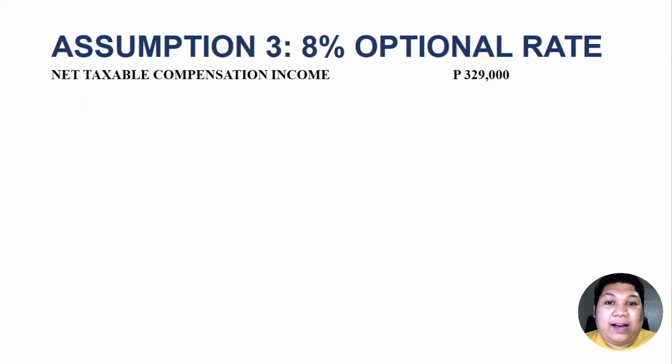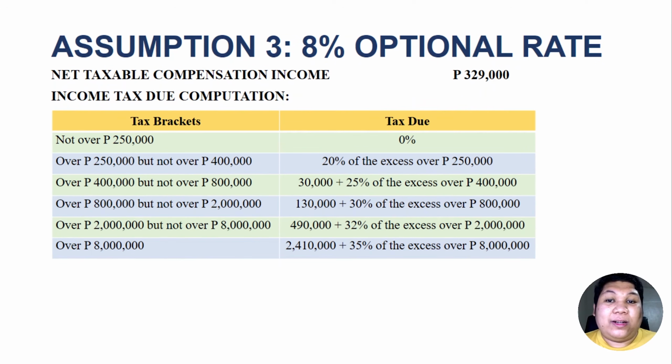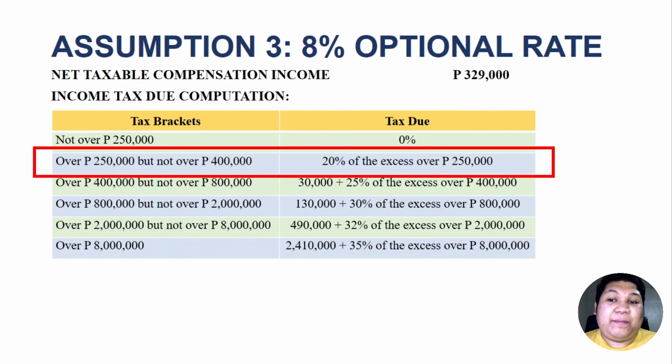We will just have to look for the 329,000 pesos net taxable compensation income in our tax table, and it is over 250 but not over 400, and the tax due is 20% of the excess over 250,000 pesos, because again, the first 250 is exempted from the tax.